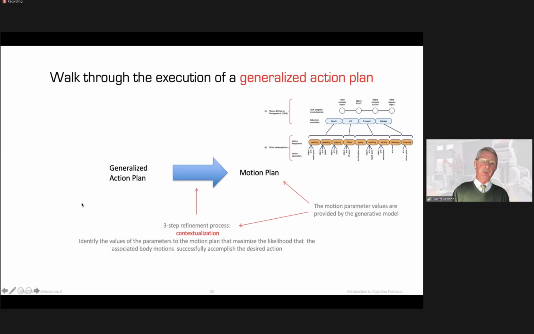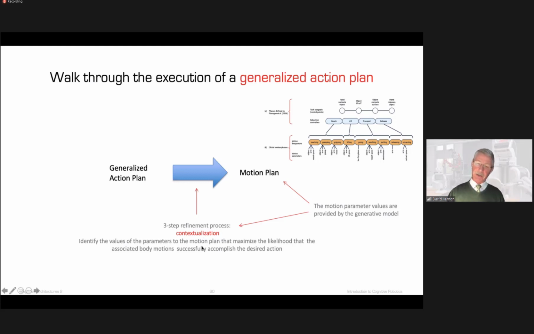Remember that what we're trying to do is map from a Generalized Action Plan, which is a way of encapsulating a vague, underdetermined action description like "get me a spoon", into this motion plan over here in orange, and in particular identify the motion parameter values which will make that action successful. And it's a three-step refinement process.